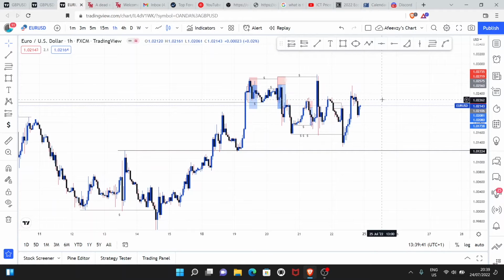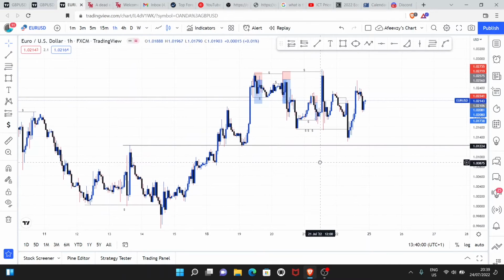It was just moving as expected. Last week, I had very nice trades on EURUSD. Most of them were hitting TP and even going beyond. So let me clear the charts and make a new analysis.